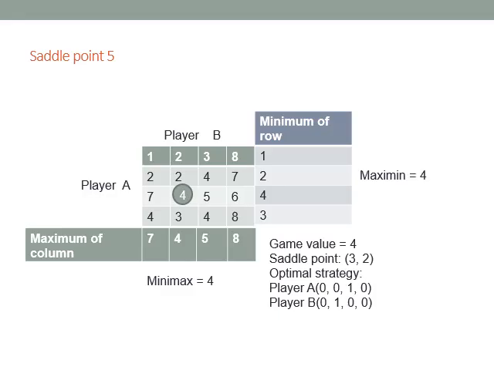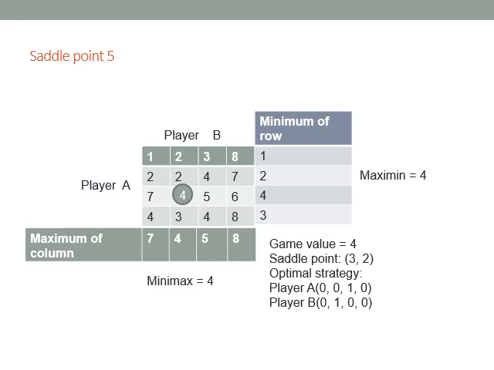Then his optimal strategy looks like 0, 1, 0, 0. So the game value is 4, saddle point 3, 2.